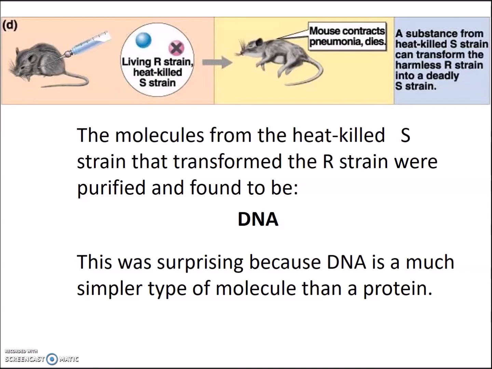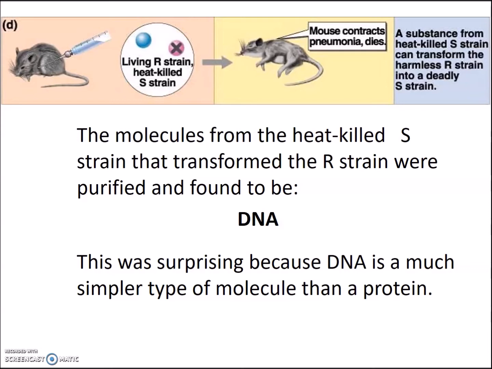There are many more types of proteins in our body than there are types of DNA. We know of 23 different chromosomes or types of DNA in our body, but there are thousands upon thousands of proteins.